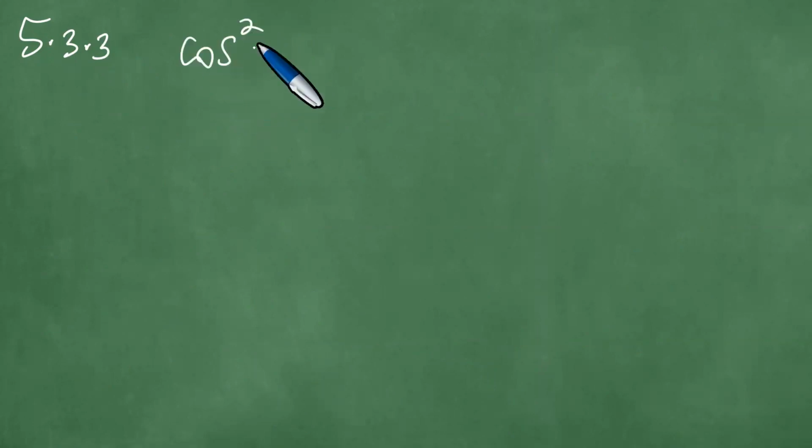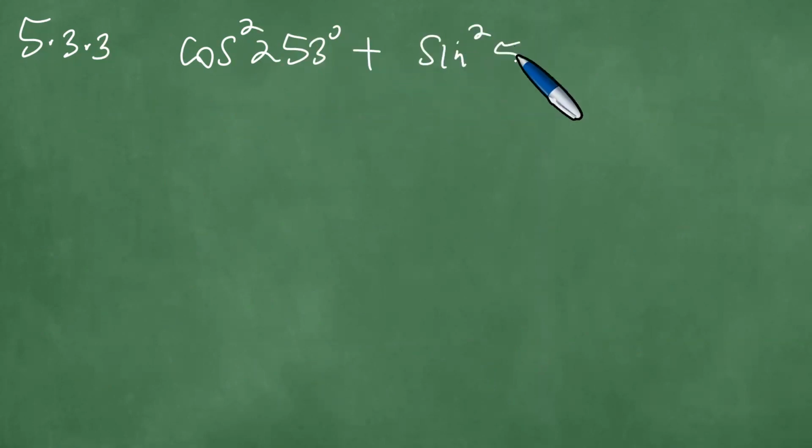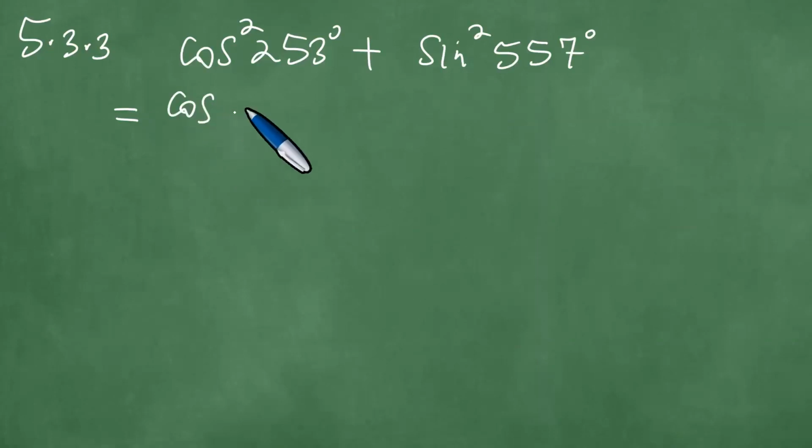Cosine squared of 253 plus the sine squared of 557 degrees.